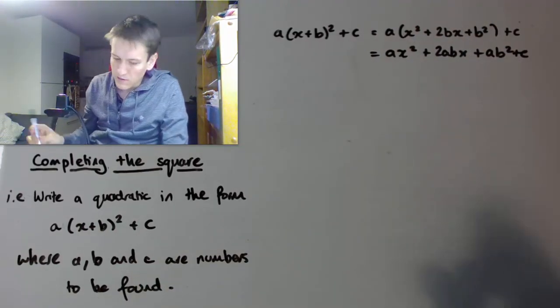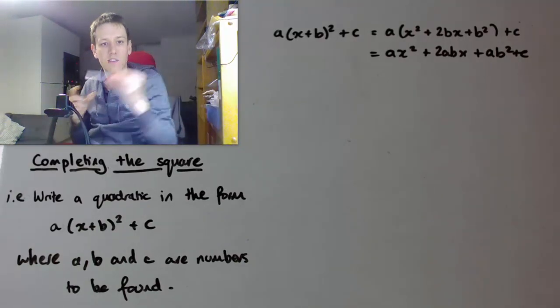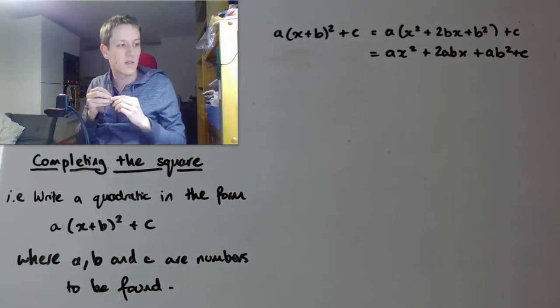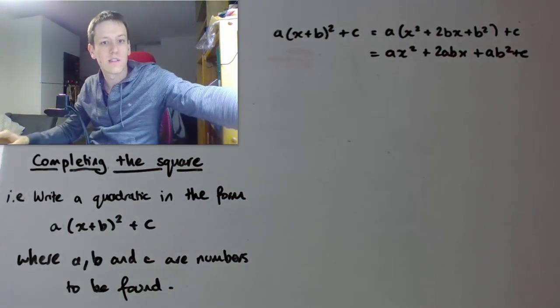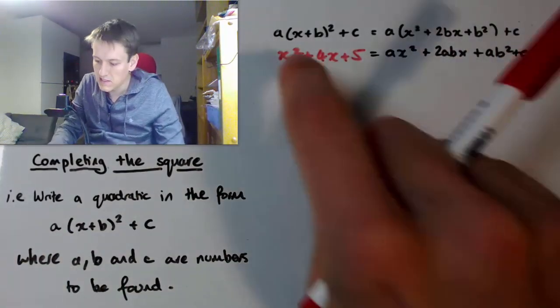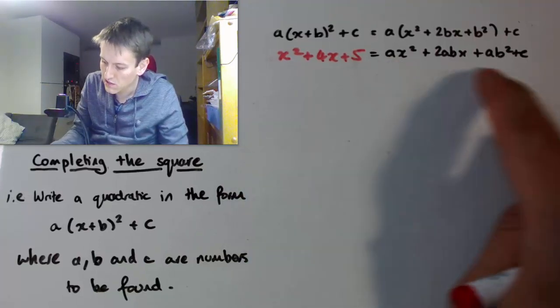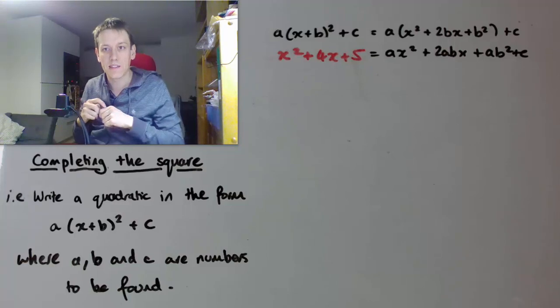Now let's say I've got a particular problem. Let's take that first one we were looking at, x squared plus 4x plus 5. Finding the constants that we're looking for, a, b and c here, to put it into this form is the same as making this expression equal to this one for the right values of a, b and c.